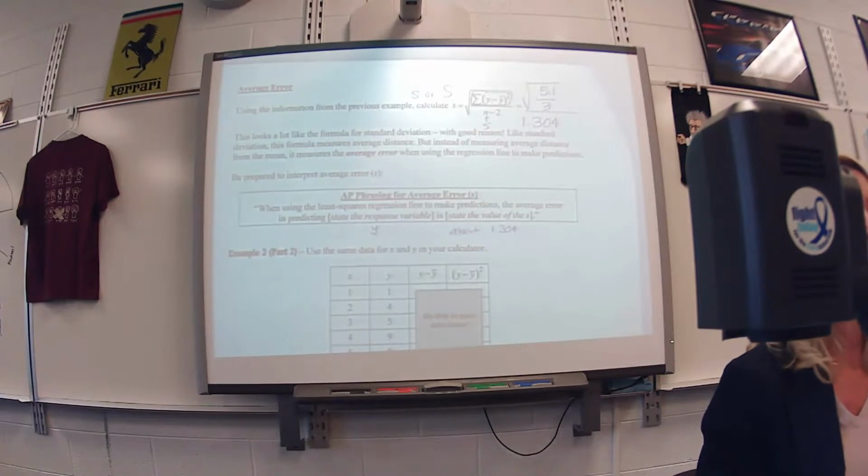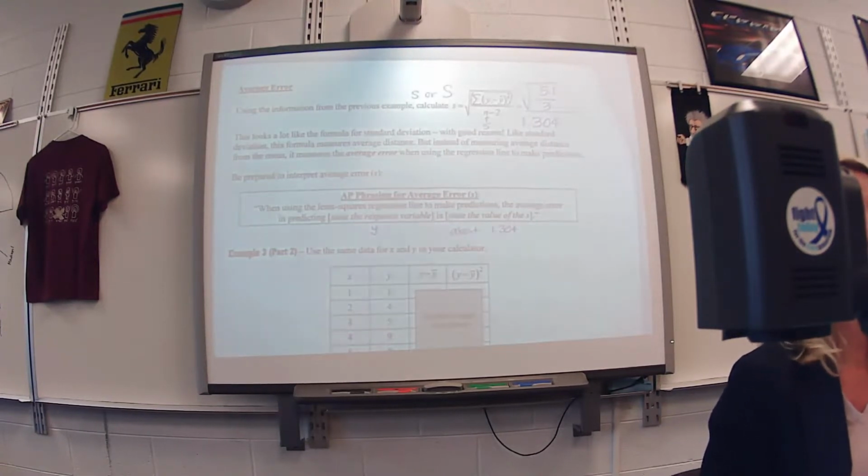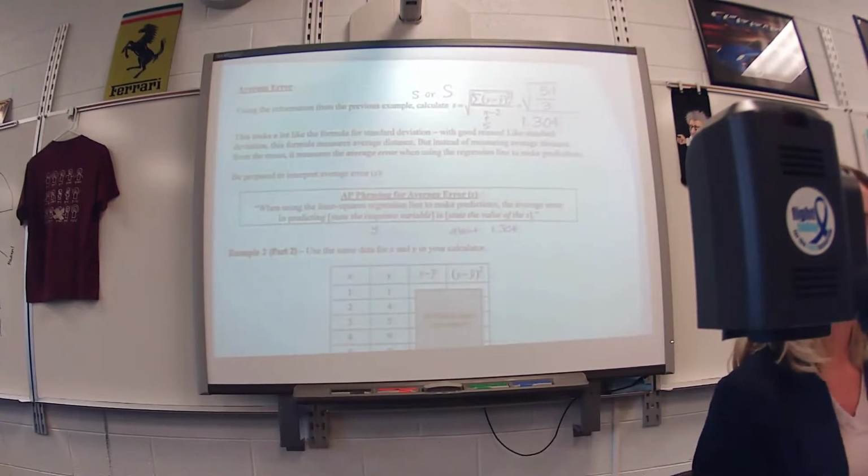So every time you use the trend line to make a prediction, you will be off by about 1.3 on average. Okay, your phrasing is almost exactly like standard deviation, almost exactly.